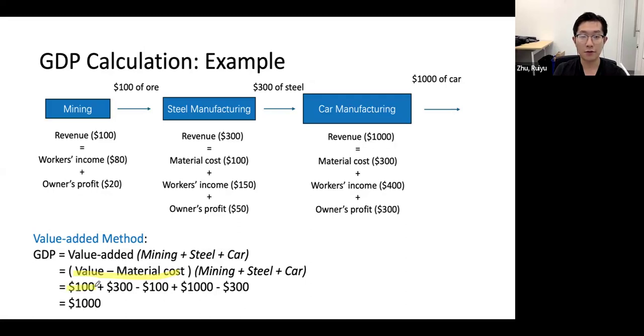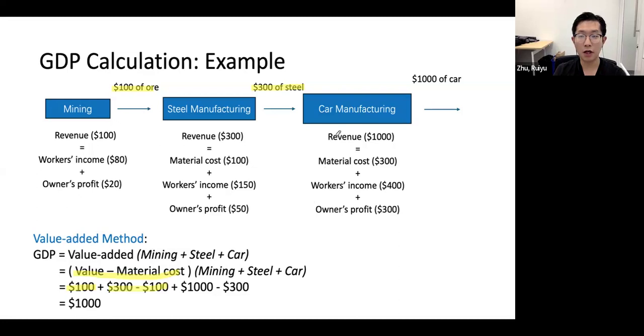For steel manufacturing, they produced $300 of steel, but it's not all generated by this industry because they cost $100 of ore. So they only generated 300 minus $100 of value in steel manufacturing.